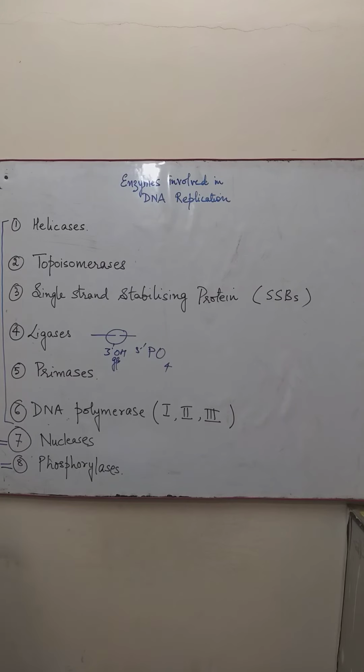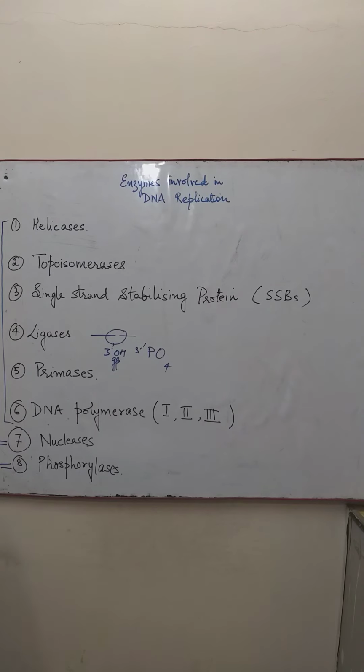So primers are actually the short stretches of RNA on which the nucleotides are added during polymerization, so that the formation of the new DNA will finally take place. So this class of enzyme helps in the synthesis of primers.